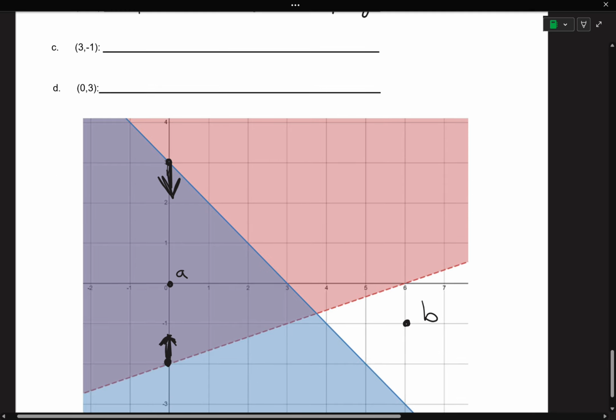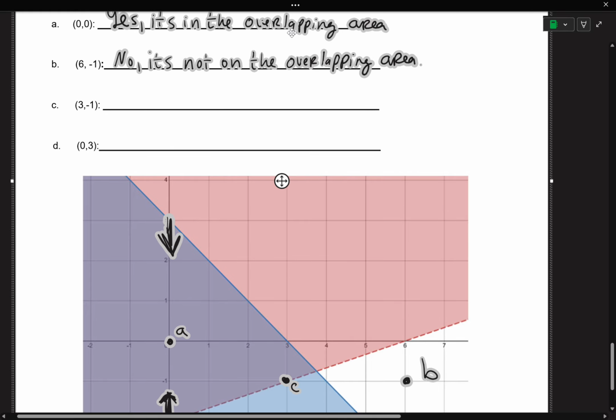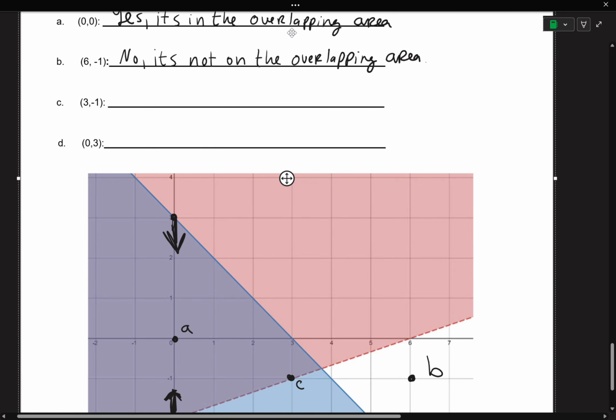Letter C, (3, -1). Let's see. (3, -1). Nope. It's on a dashed line. Whoops. No. It's on a dashed line.